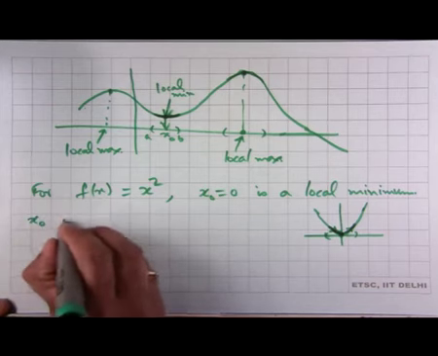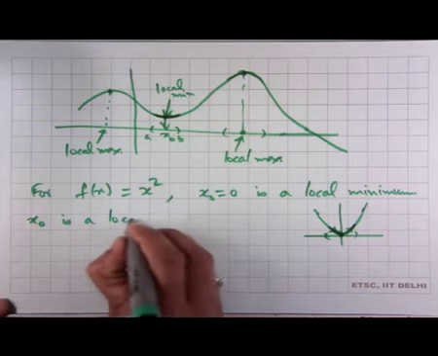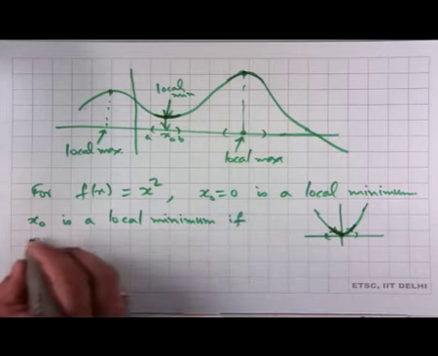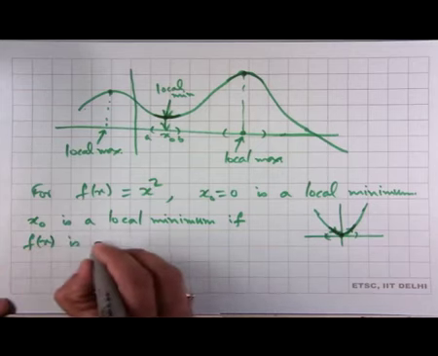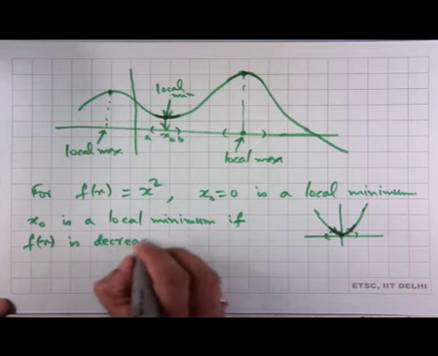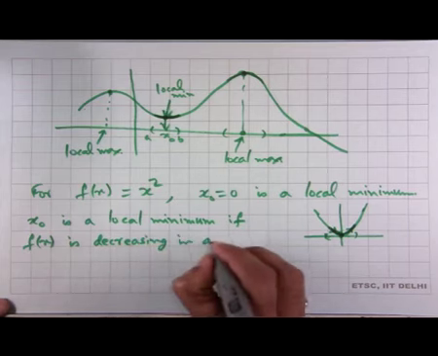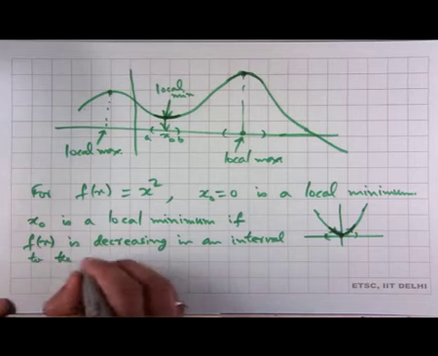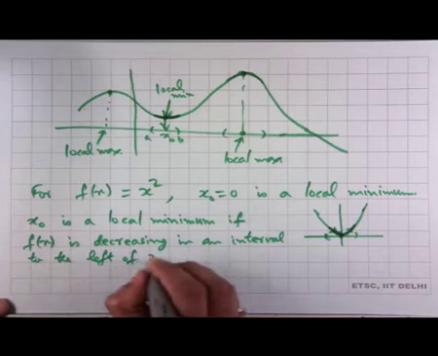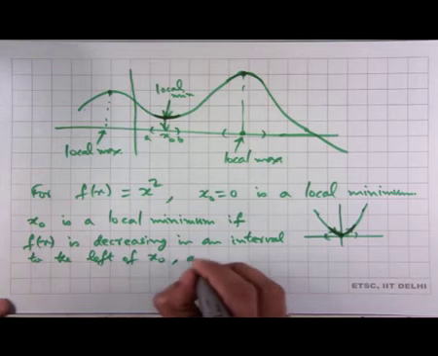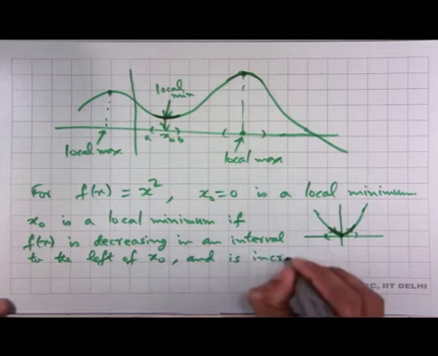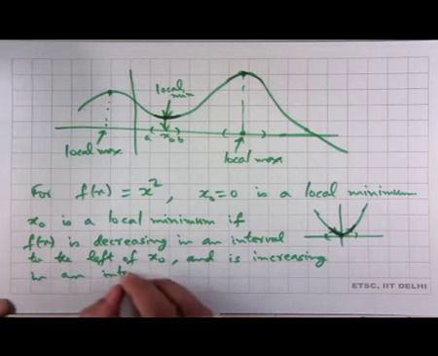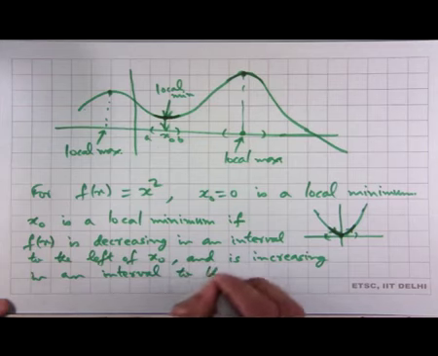So, x naught is a local minimum if f x is decreasing in an interval to the left of x naught and is increasing in an interval to the right of x naught.